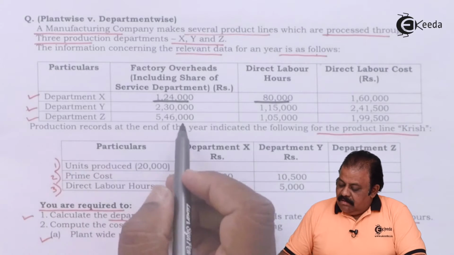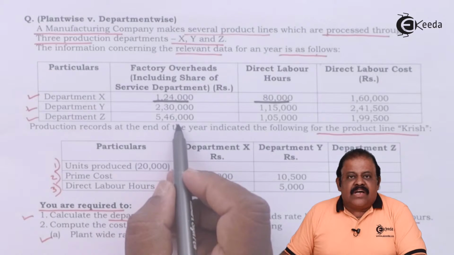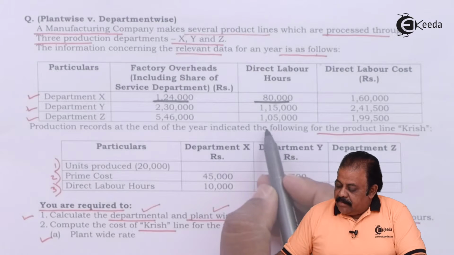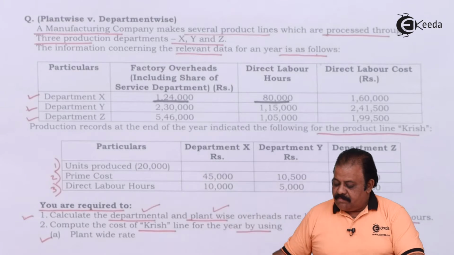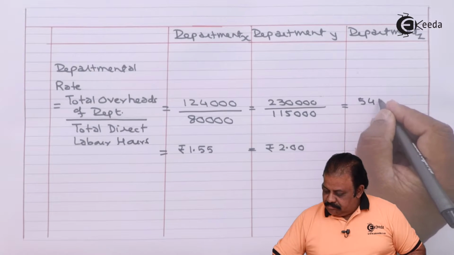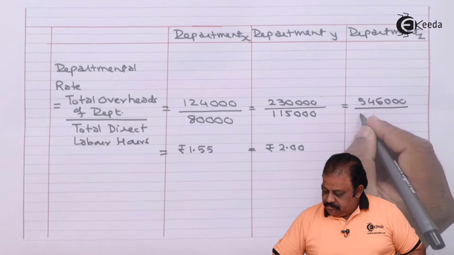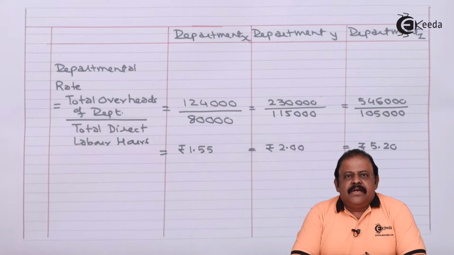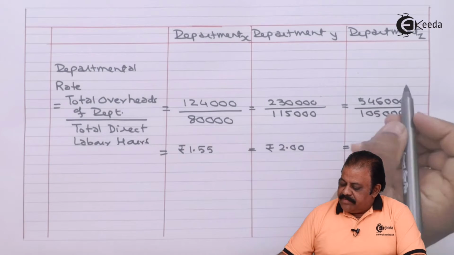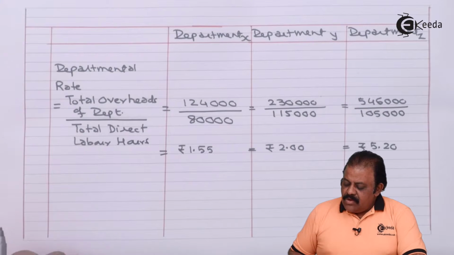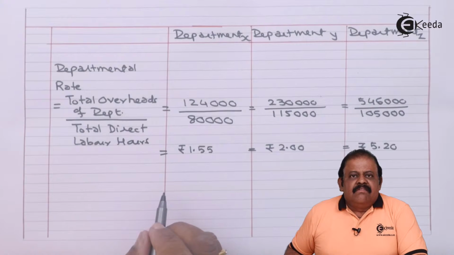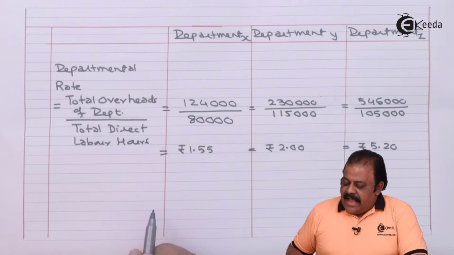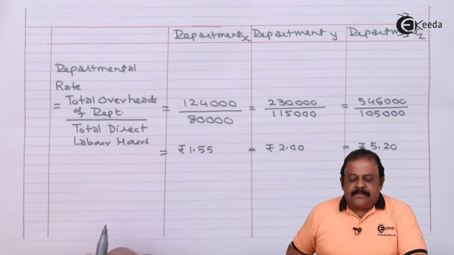Department Z, factory overheads 5,46,000, direct labor hours 1,05,000. It is rupees 5 and 20 paise in case of department Z. So we have calculated rates plant-wide as well as department-wise.